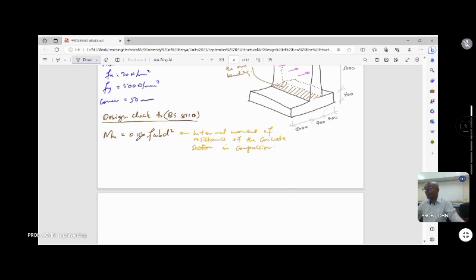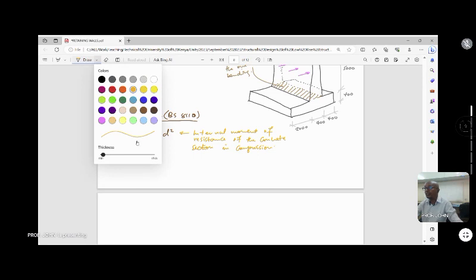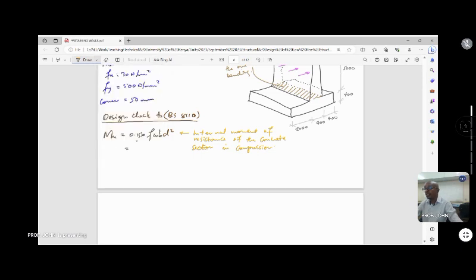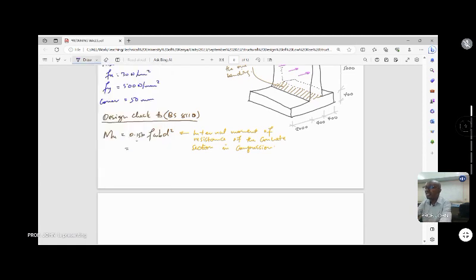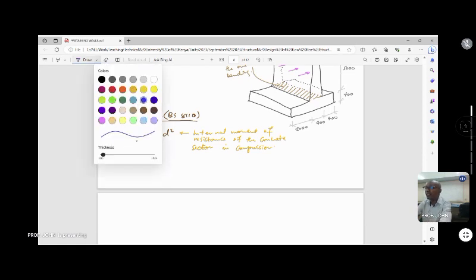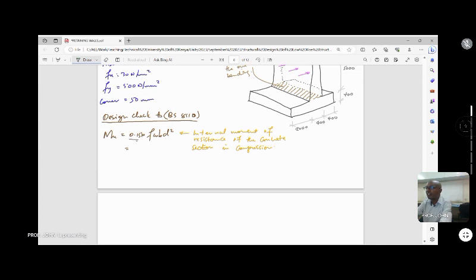Well, so now with that, we'll come and put in the numbers. I think in the Eurocode, this number here is 0.167 or something.